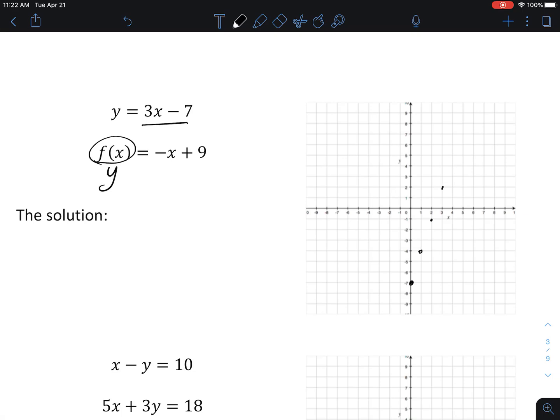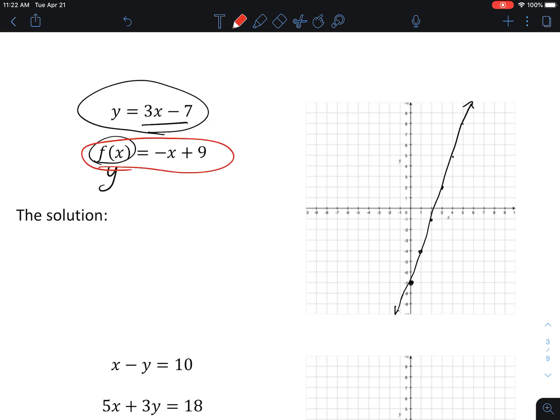So I go up 3 over 1, up 3 over 1, and so on to get my first line, which is going to look something like this. You want to use a ruler here. I don't have a ruler, so my line's not going to be great, but you want to use a ruler so that you can see exactly where those points are.